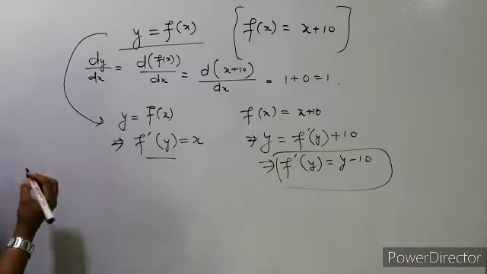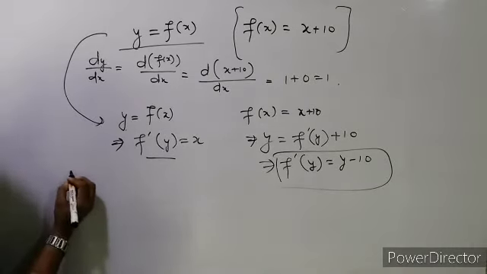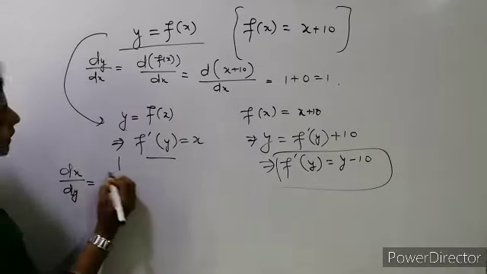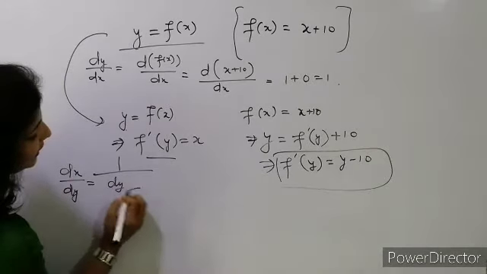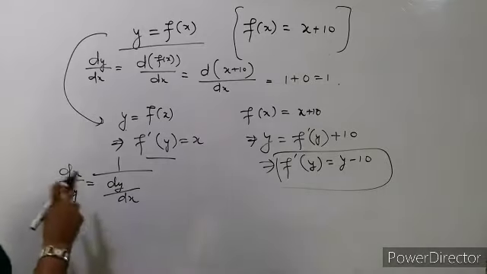Now the second thing: the inverse of dy by dx. If you have to find out dx upon dy, it means 1 upon dy by dx. So 1 upon dy by dx will be equal to dx upon dy.